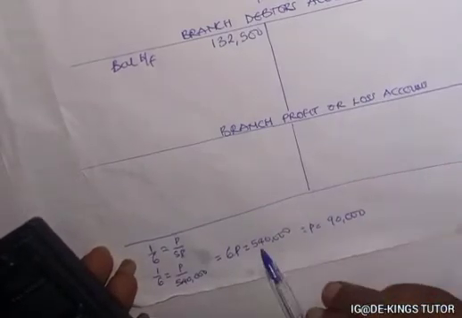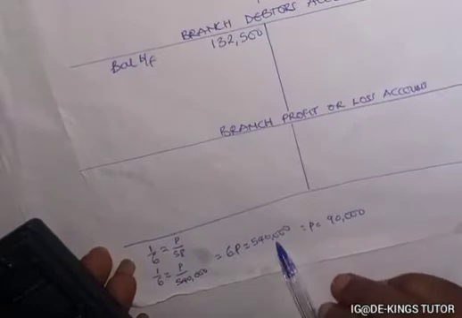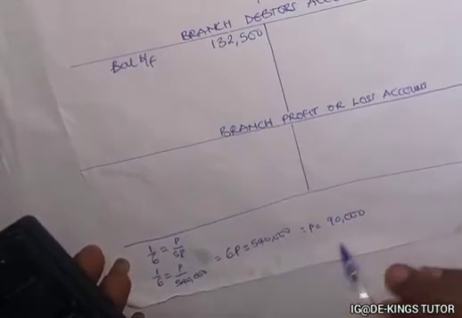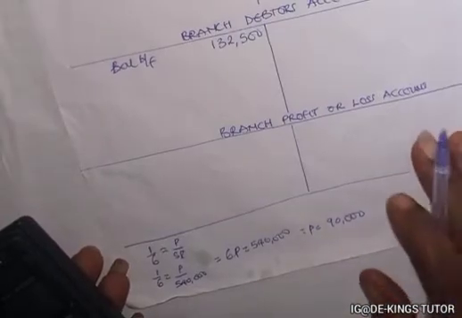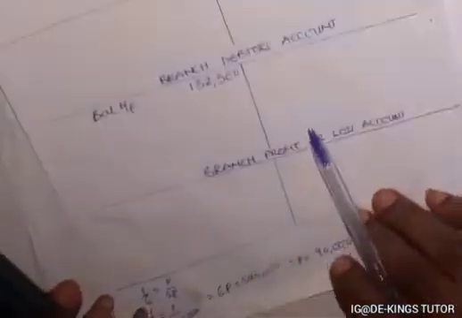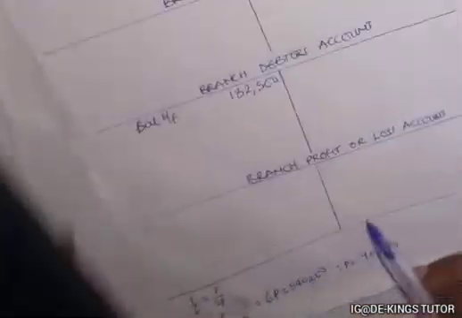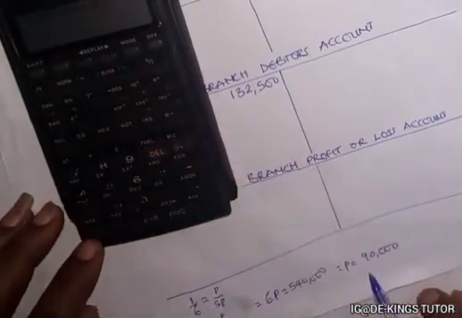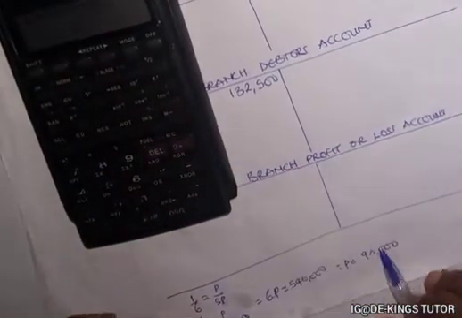But we know the selling price of the goods sent is 540,000. So what will now be the cost? The selling price minus the profit will give us the cost, so that we can post the cost here. So it will be 540,000 minus the profit, 90,000.